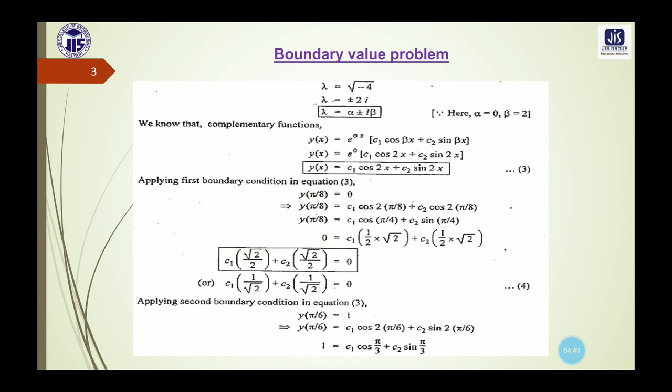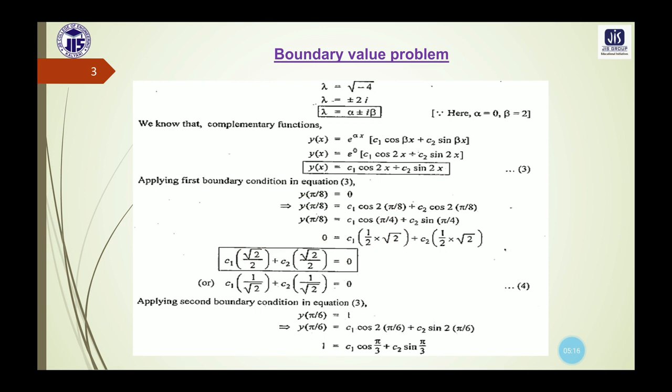Putting the value of pi by 4, we get equation number 4, that is c1 by root 2 plus c2 by root 2 equals 0. This is equation number 4, which we get from boundary condition 1.